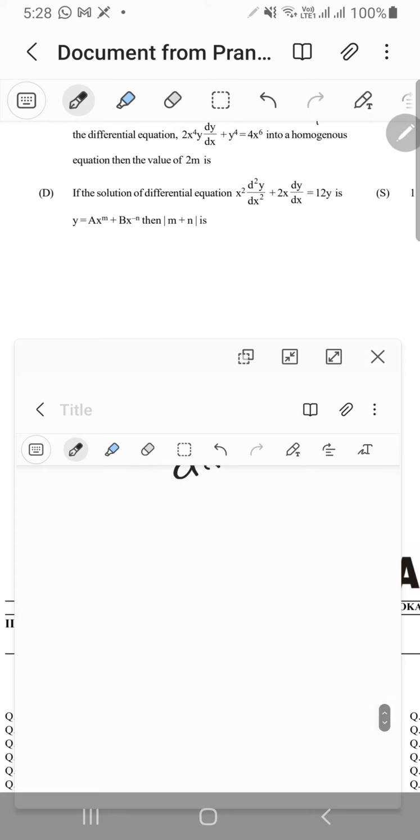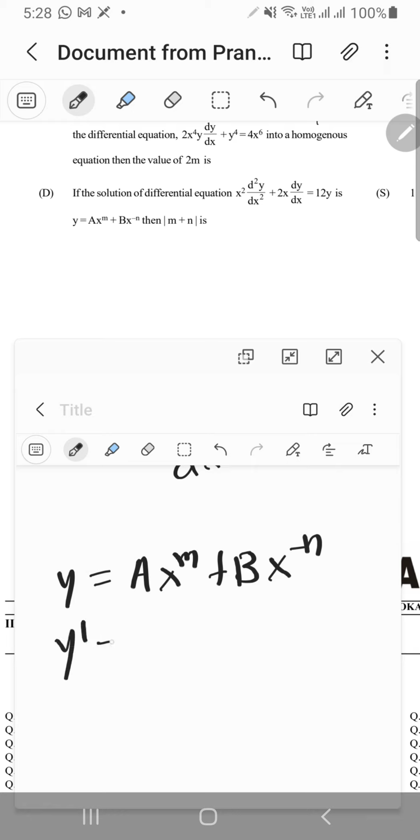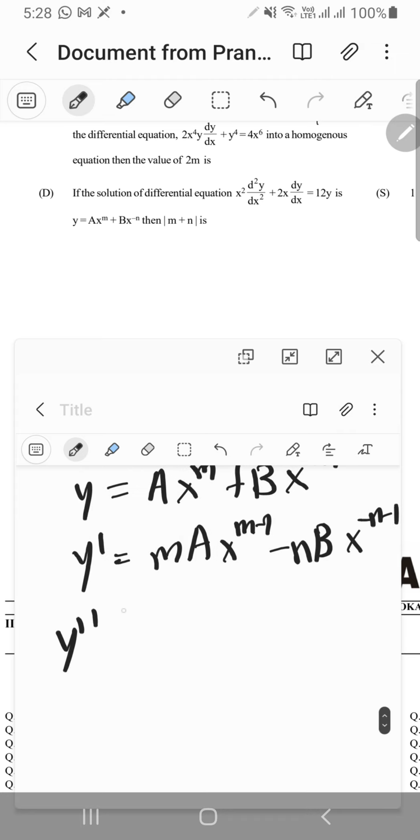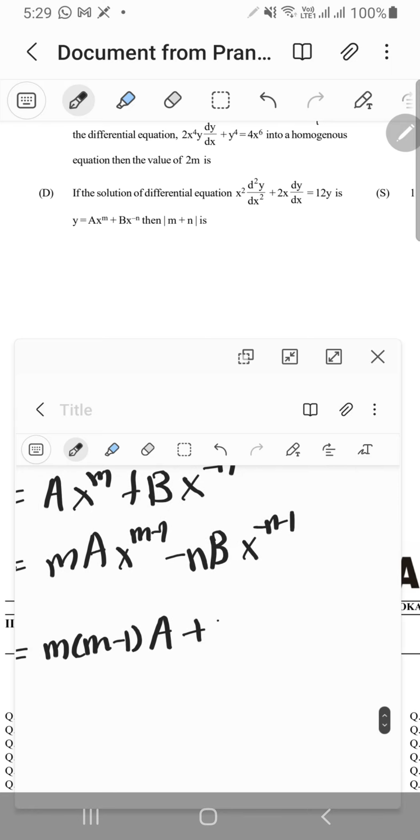Y equal to a x power m plus b x power negative n. Okay, so y dash would be equal to m a x power m minus 1 minus n b x power negative n minus 1. So y double dash equal to m into m minus 1 a x power m minus 2 plus n into n plus 1 b x power negative n minus 2.